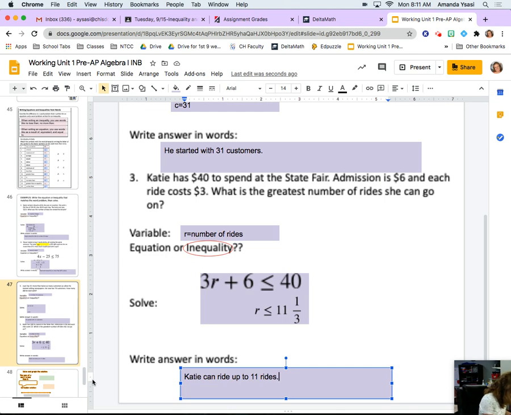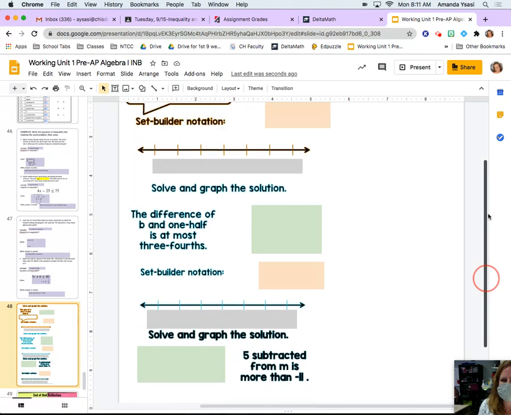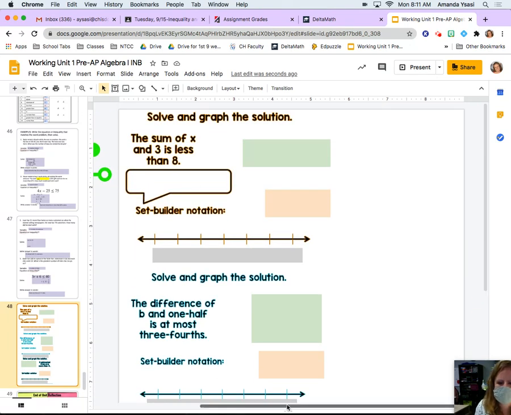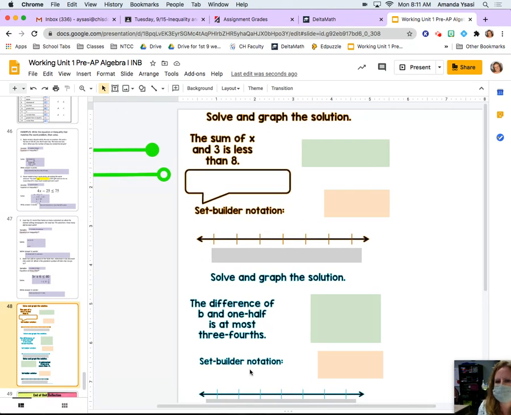Okay, and then we just have one more slide to do. So this is the last slide. Solve and graph the solution. It says the sum of x and 3 is less than 8.